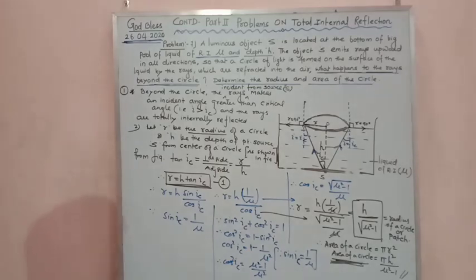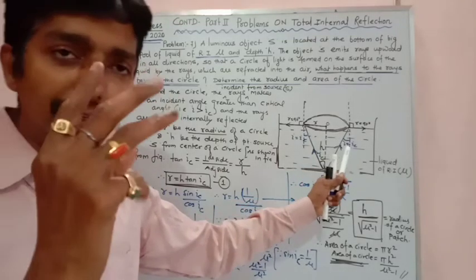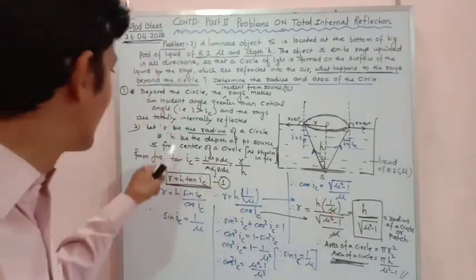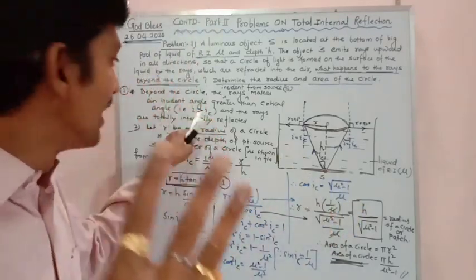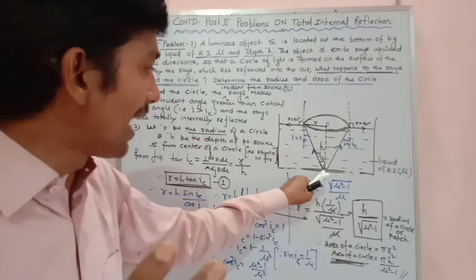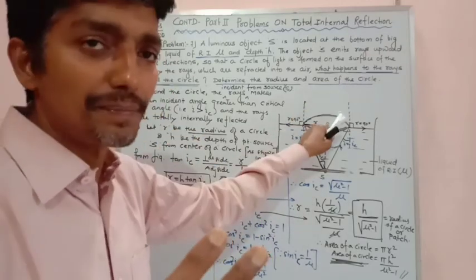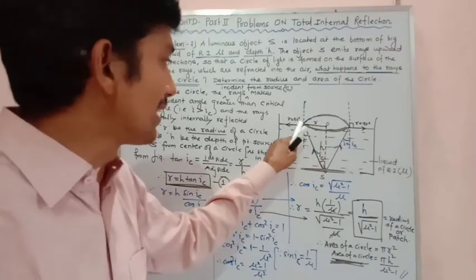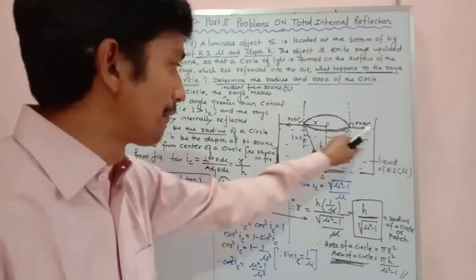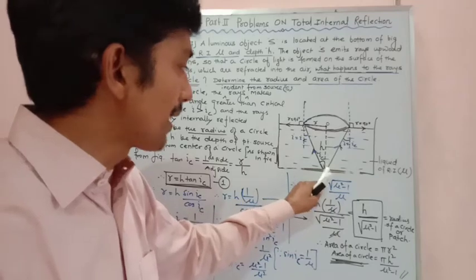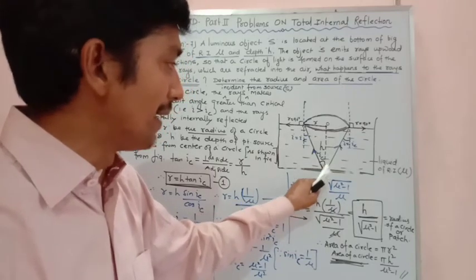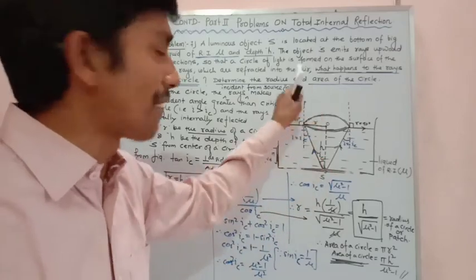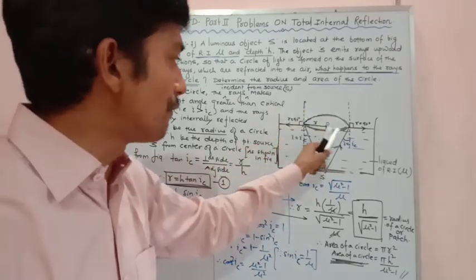I hope you all understood. So you only need the concept here: as soon as the incident angle I is less than IC, there are three cases. When I is less than IC, the light will refract. As long as I is less than IC, where IC is the critical angle for the given surface, the ray is refracted, and that refracted ray forms a circle.